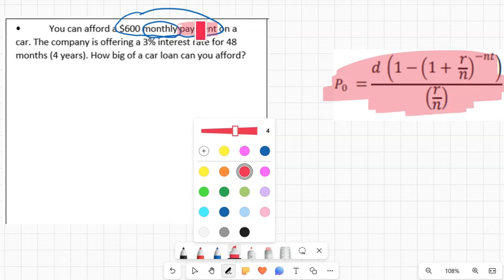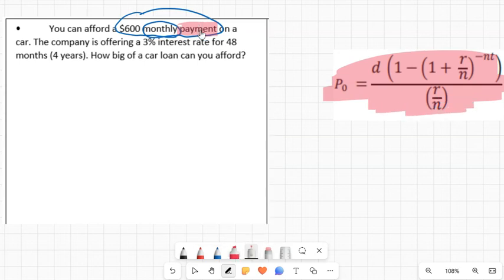So one thing I like to consider is the fact that we have a negative exponent in this formula versus the savings annuity formula. This negative is what creates a model where the money is decreasing over time. What money is that?